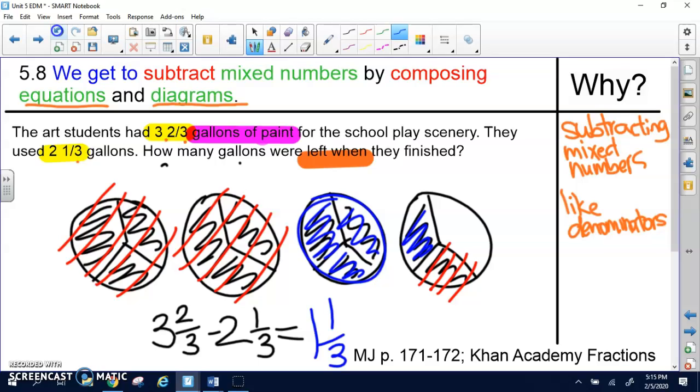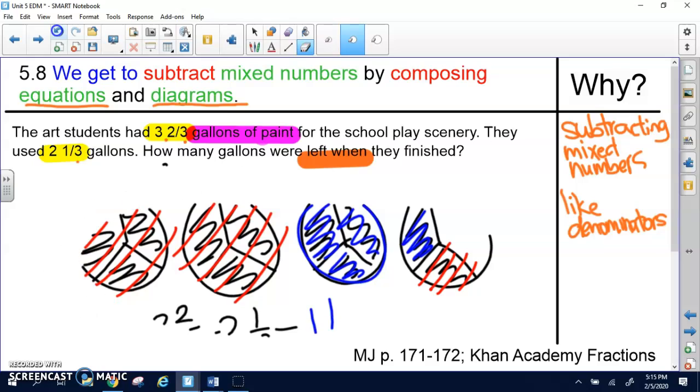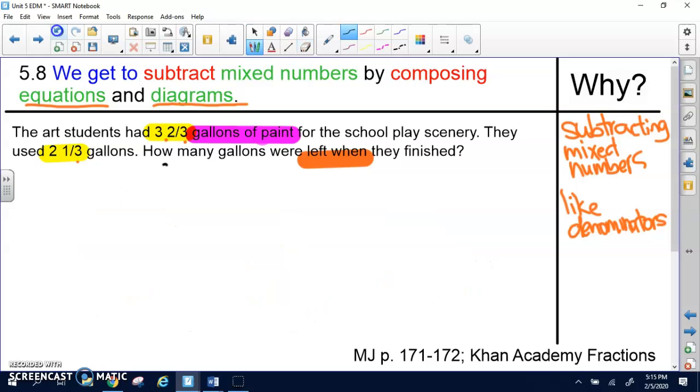And then that's the third way you're going to look at this. The third way that you can look at this is just in a stacked equation. So remember the importance of place value. We've talked about this. There's 3 wholes or 3 ones, and then the fractions place value.